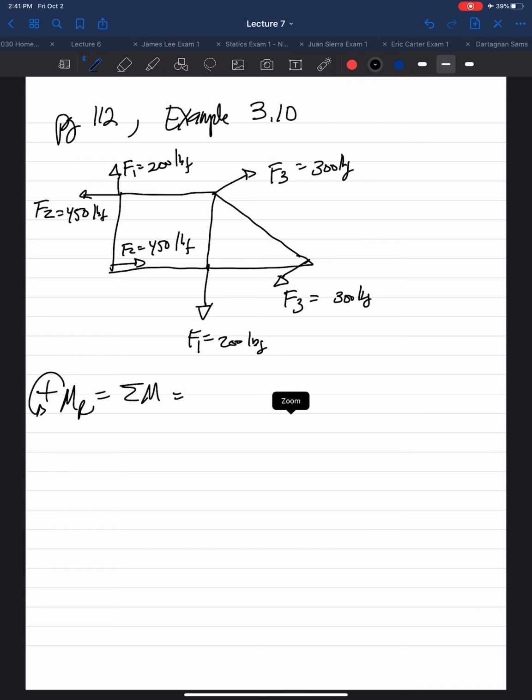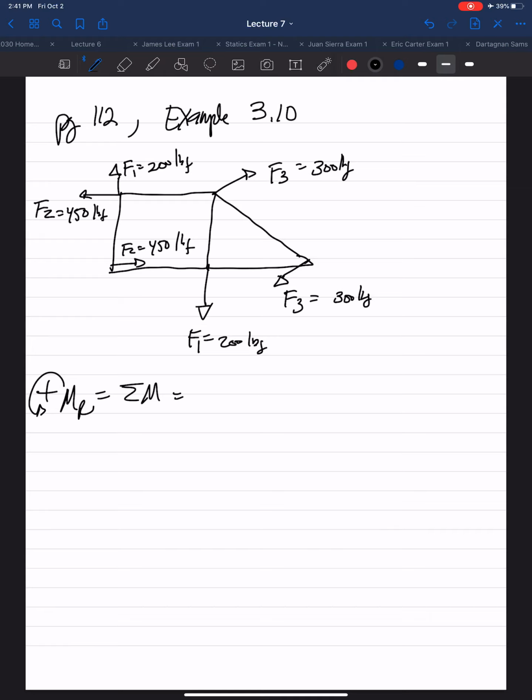and once again, counterclockwise rotation is positive. So the F1s tend to create a negative rotation because they're making it go clockwise.